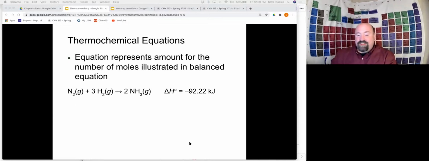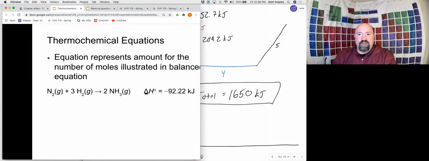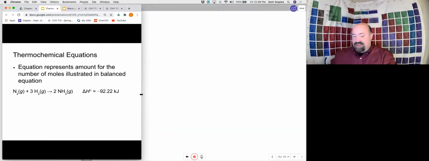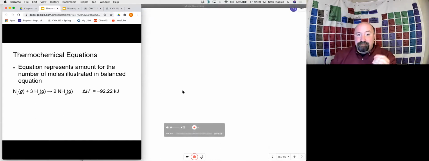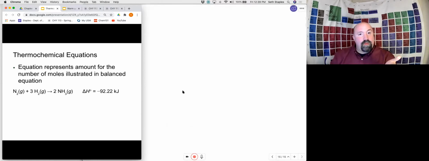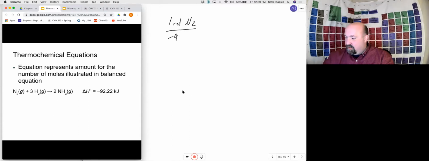And so let's take a quick look at this one here, because one thing that I want you to recognize is that what a thermochemical equation does for us is it just gives us another set of, you guessed it, conversion factors, right? We look at this thermochemical equation and we can see that if I have 1 mole of N2, that's going to release negative 92.22 kilojoules of energy.